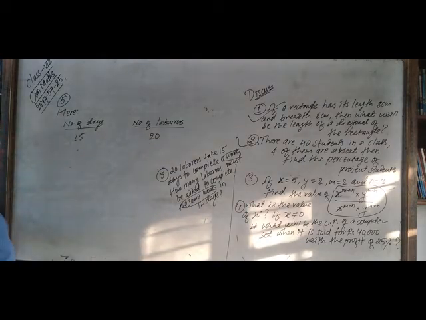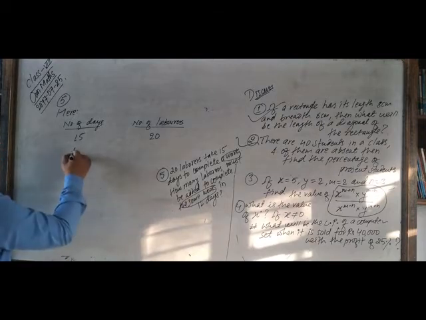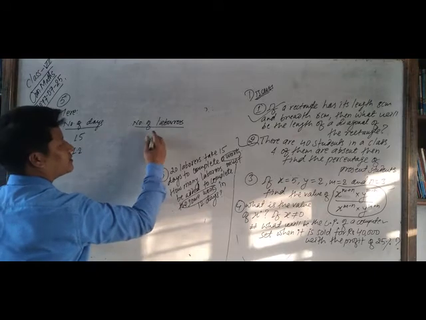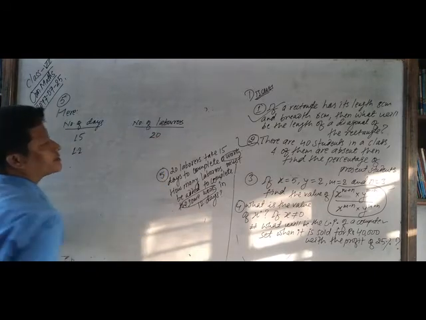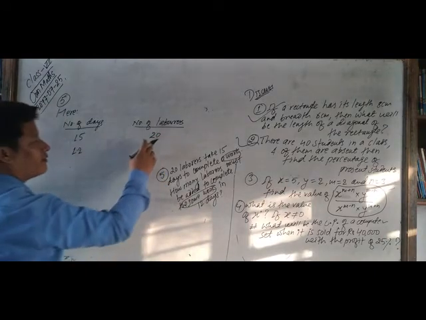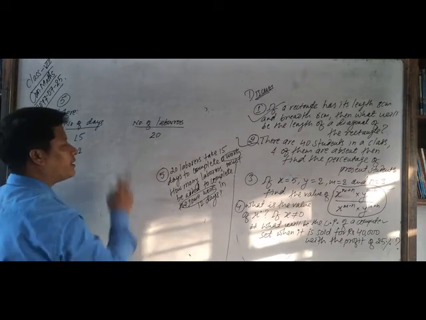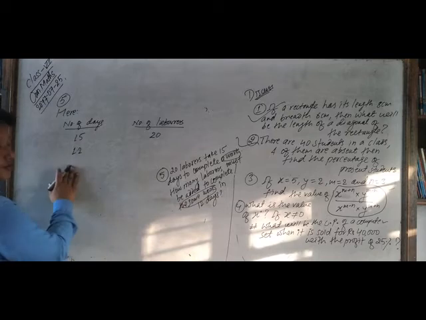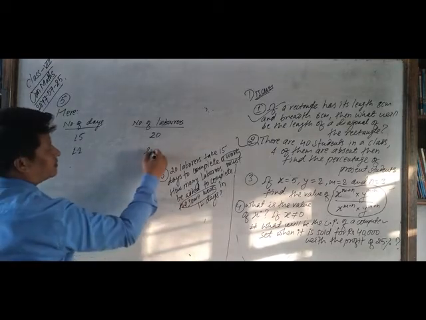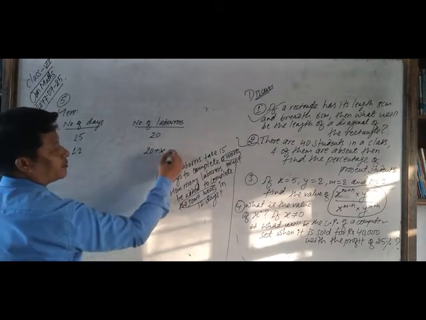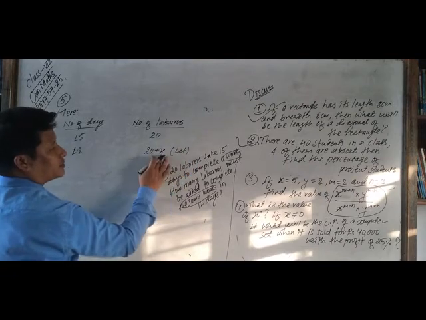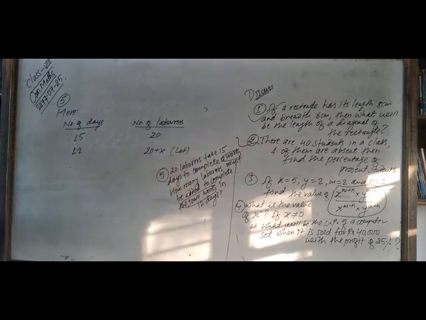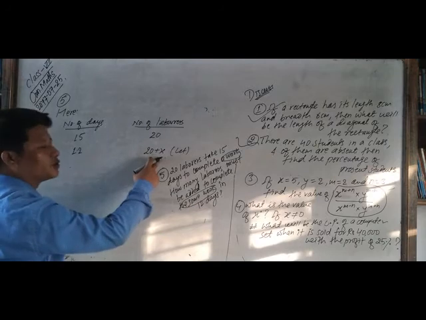In 12 days, how many laborers must be added? We already have 20 laborers. So how many laborers must be added to complete the same work in 12 days? So we can put here 20 plus x. Let x laborers be added.